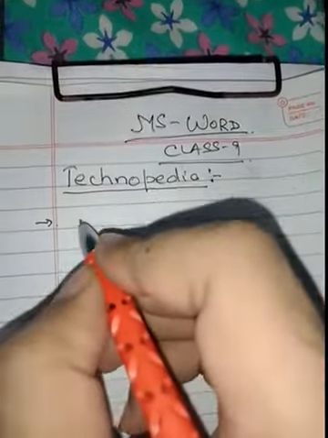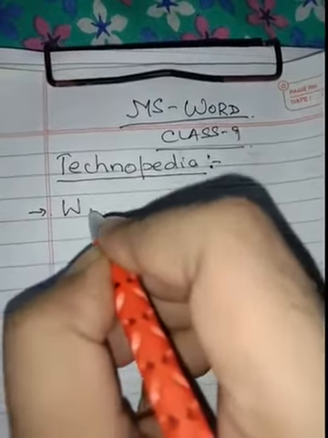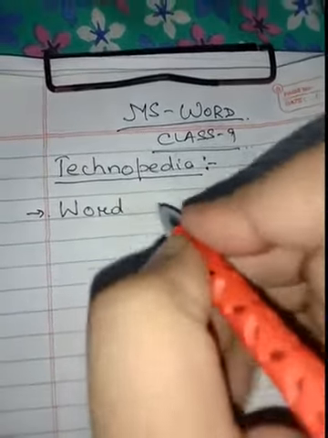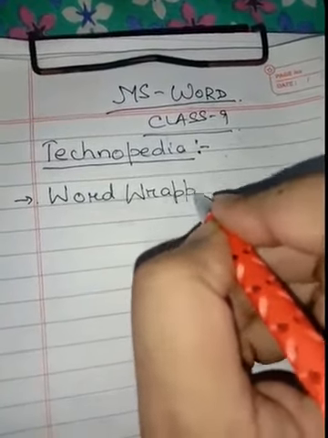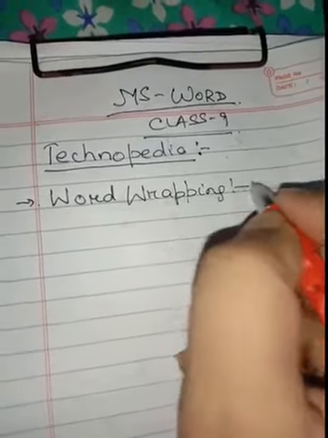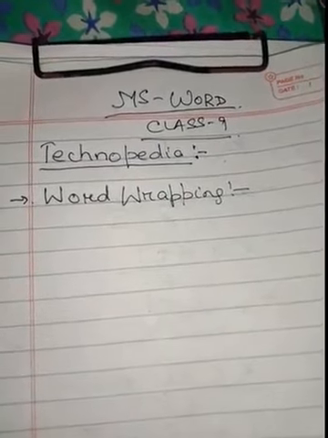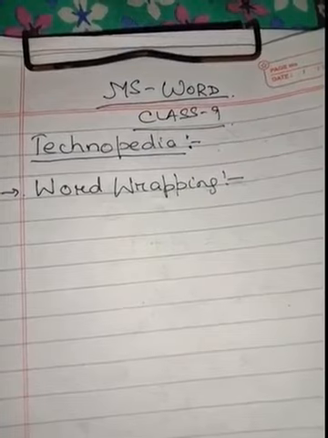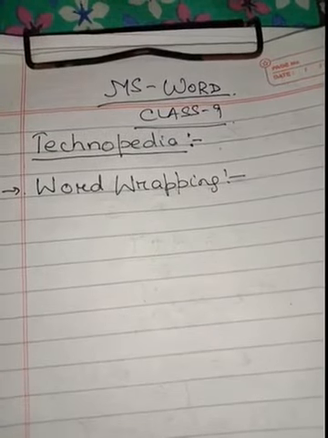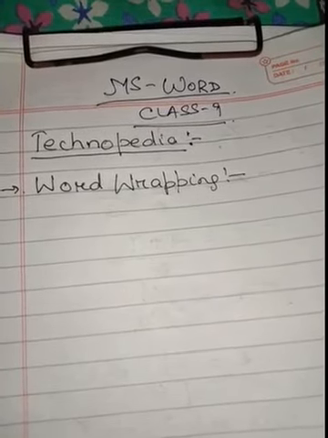The first term that was used was word wrapping. So what was word wrapping? We can say it is the feature of MS Word that moves the cursor automatically to the next line as the current line finishes.